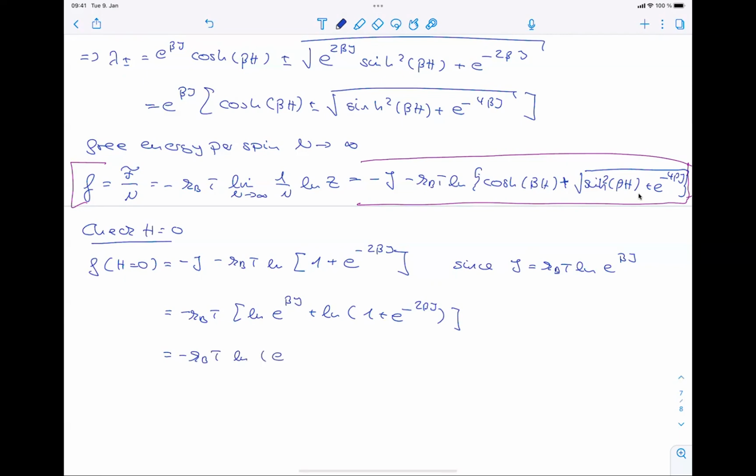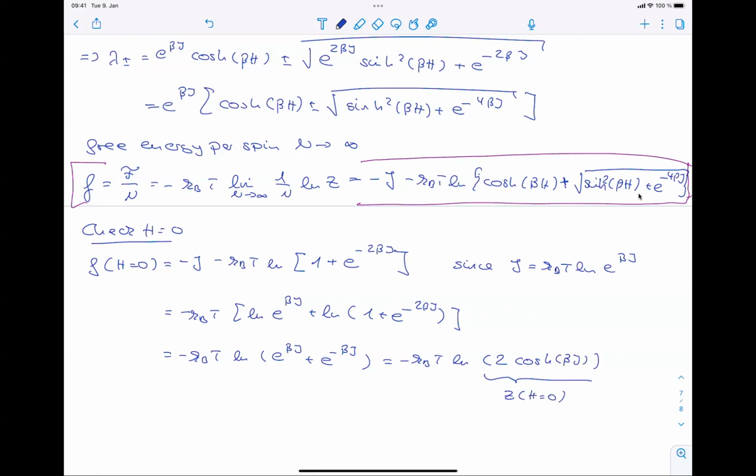We see that we have here now e to the beta j plus e to the minus beta j, which we can identify as a hyperbolic cosine again to arrive at minus kBT ln of 2 cosh beta j, knowing that this is, we would identify as the Z of h equals 0, right?